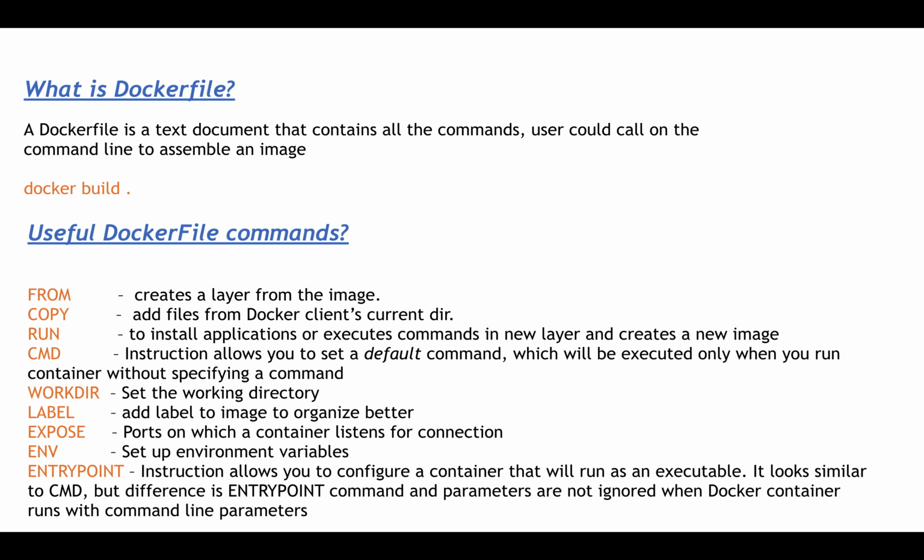It's a FROM. This instruction creates a layer from the image. As we have seen in the Jenkins image, the very first line you are writing FROM where you are going to create the image. If you mention scratch, there is nothing, and you are going to build right from the scratch.